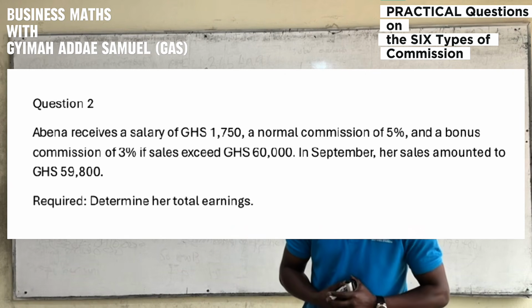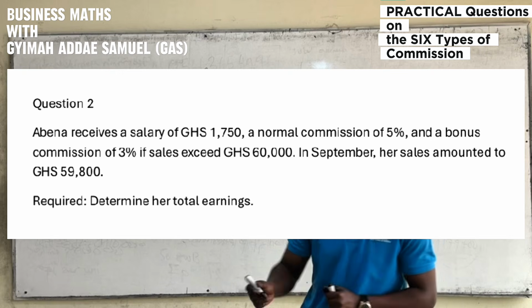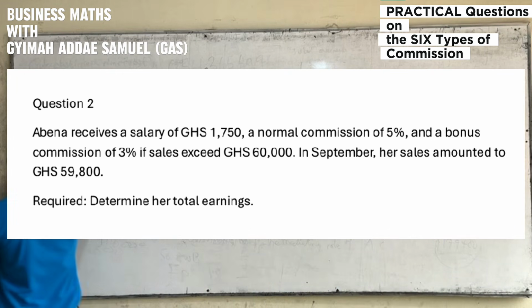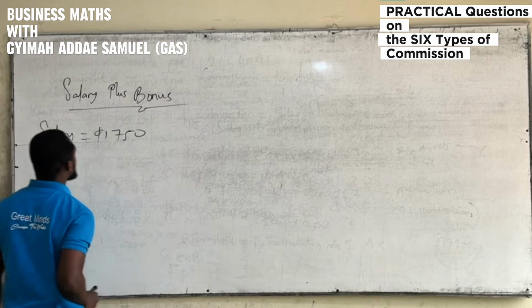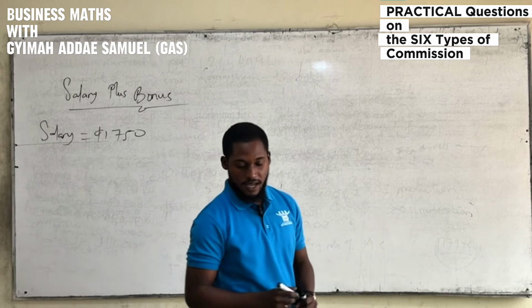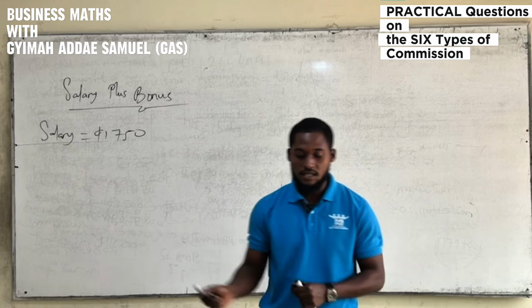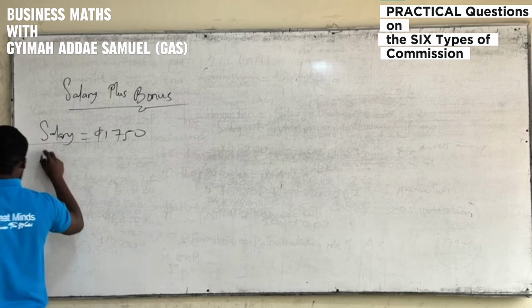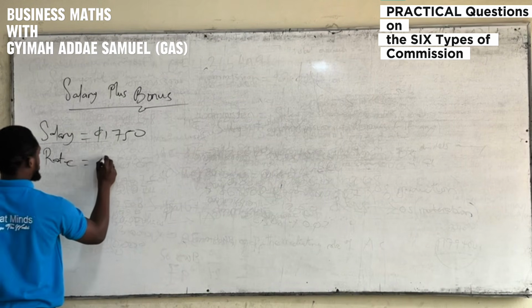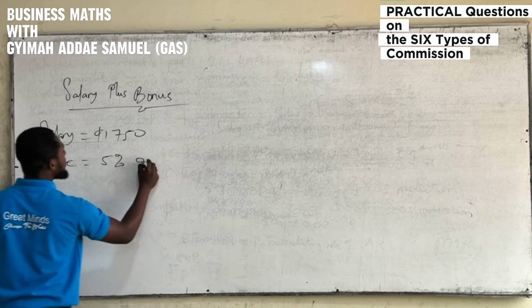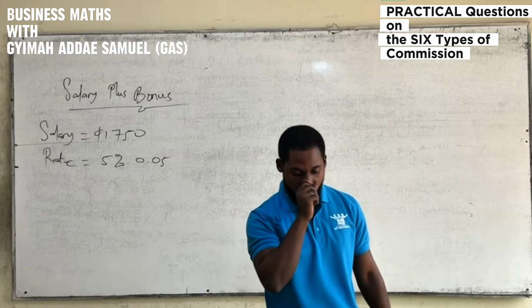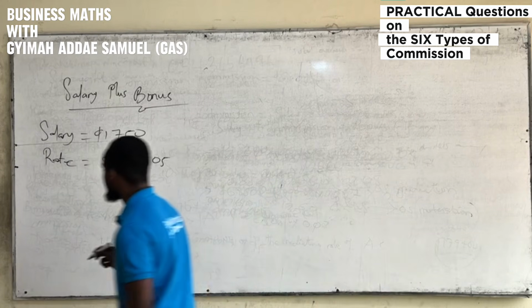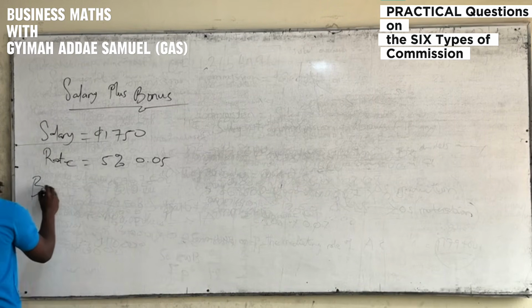So the salary given is 1,750 Ghana cedis. The rate given is 5%. Bonus rate is 3%.